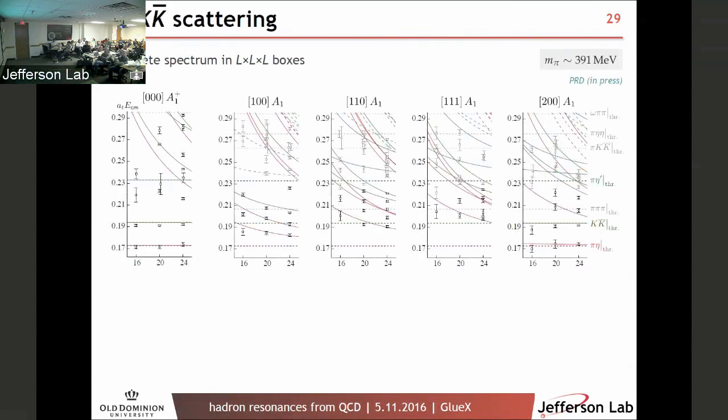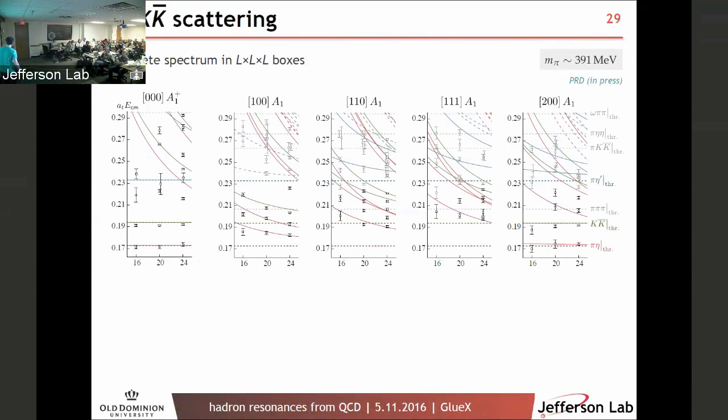So we did this. Here are the finite volume spectra again, this time for the quantum numbers that look like a pi eta or a kk bar. Without focusing too much on the details, what you want to see is there's lots of little black dots here. These are the end result of an explicit lattice QCD calculation.